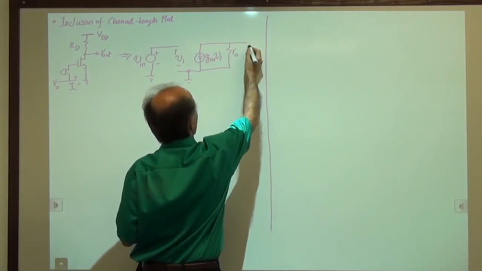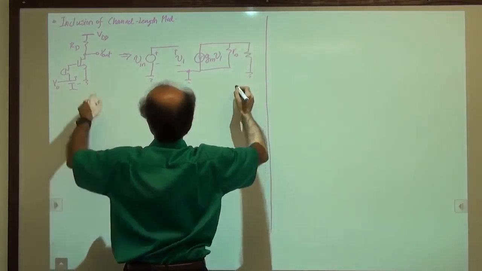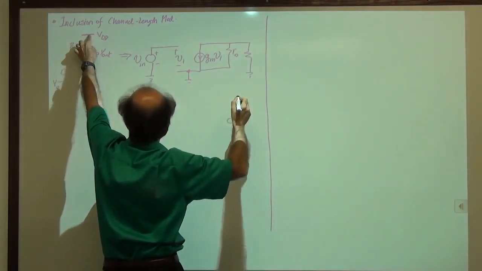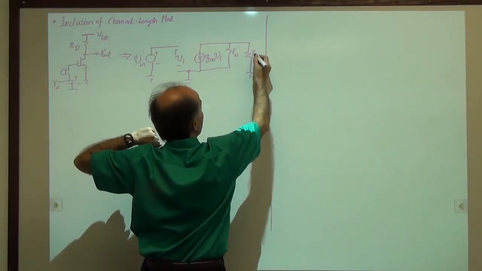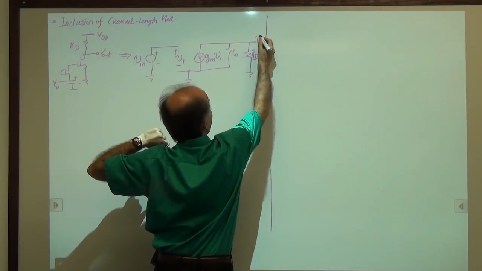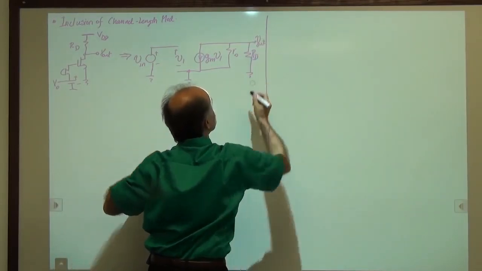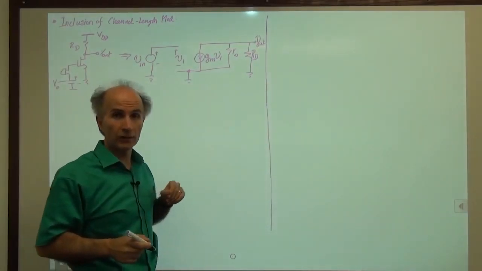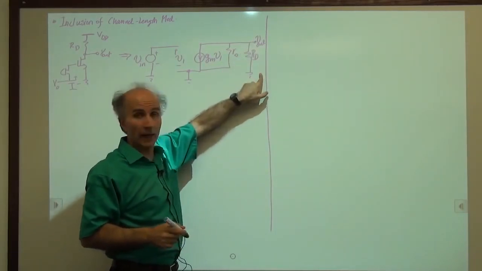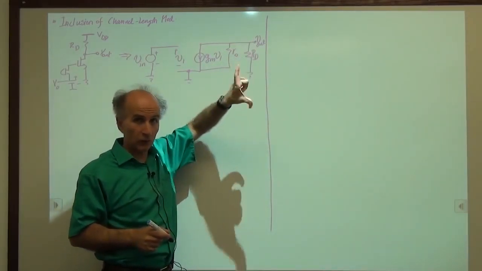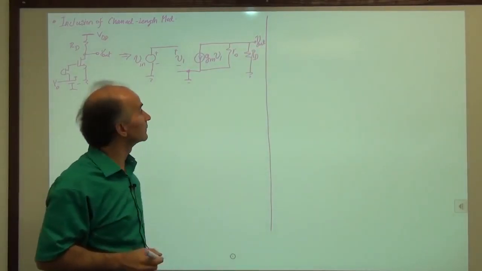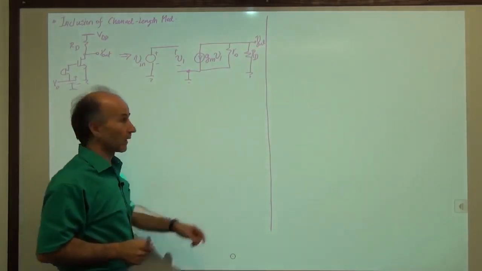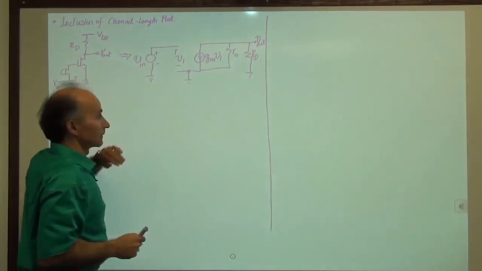And we also have RD. RD goes from here to AC ground because the battery becomes a ground, becomes equal to 0 because it doesn't change with time. And this is V out. V out again is measured from here to ground, right? It's the voltage between these two nodes, which we just write like that for simplicity. Our objective is to find V out over V in.